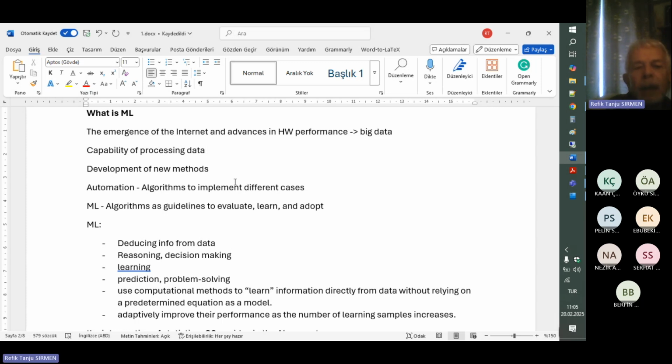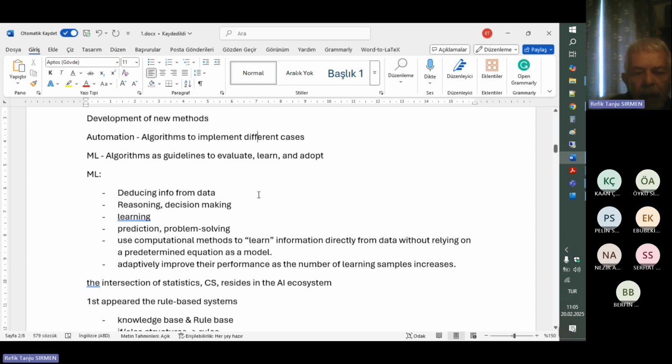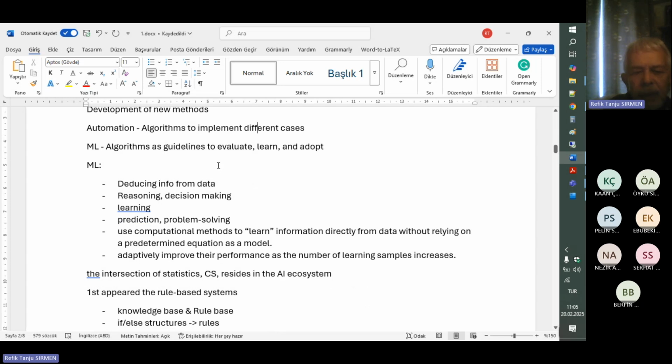So for understanding machine learning, what is it about? We should see that in machine learning algorithms we get the data as the fuel and deduce information from the data. We just analyze the data and understand its structure.